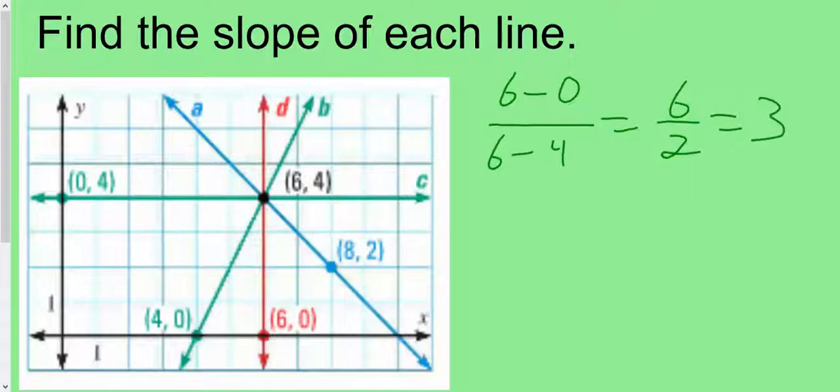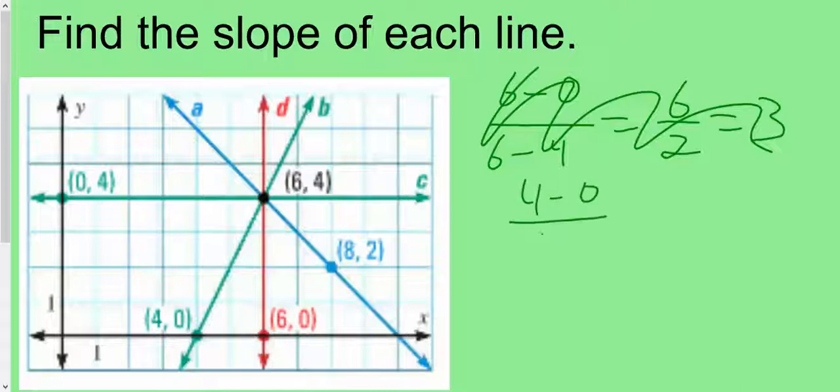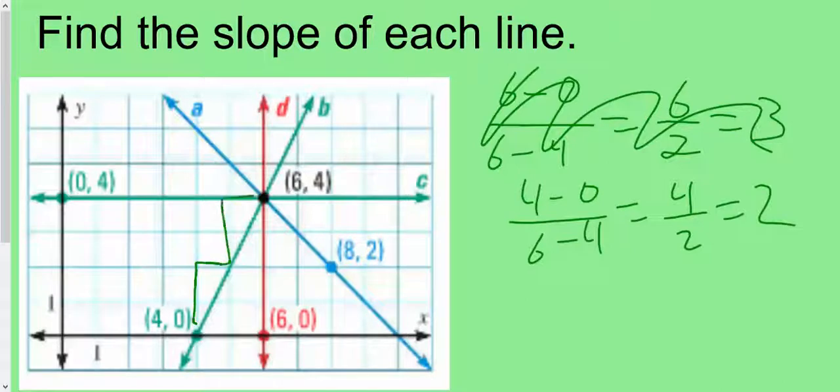Oops, I did something wrong, I'm going to start over. Y2 minus y1 over x2 minus x1. 4 over 2 is 2. Okay, there we go. And if you do rise over run, you go up 2 over 1, and you see that you get a slope of 2.